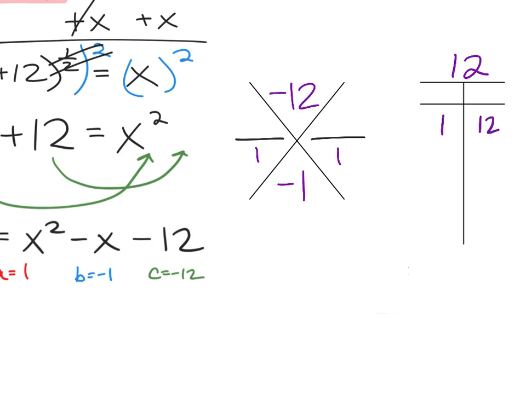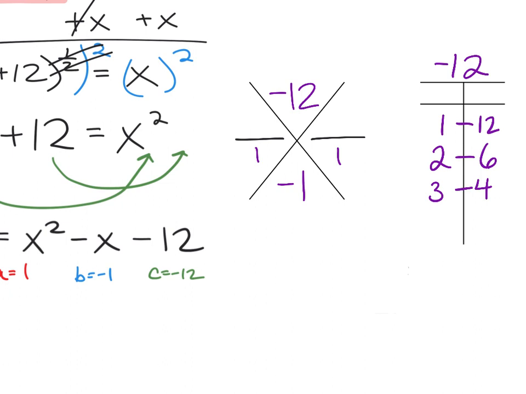1 times 12. What next? 2 times 6. Fabulous. 3 times 4. Should anything else go on this list? No. Am I adding or subtracting this list? Subtracting. Why am I subtracting the list? What's negative? The 12. Yeah, the number on top is negative, so that tells me what I do with all these numbers.